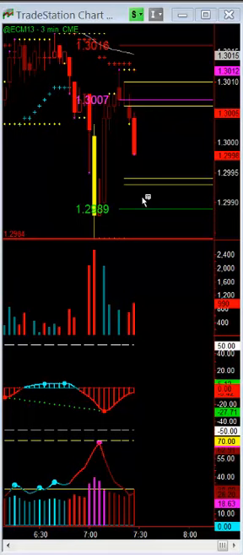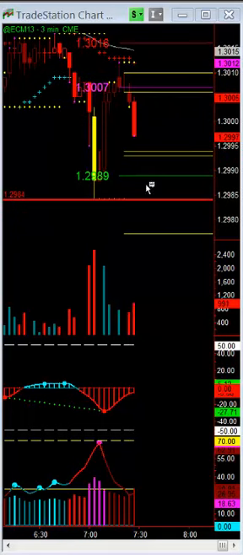The one thing I am watching right now is the volume as we're making new lows. I do want it to be increasing volume, which right now it is. We also see that the RSI is going flat.